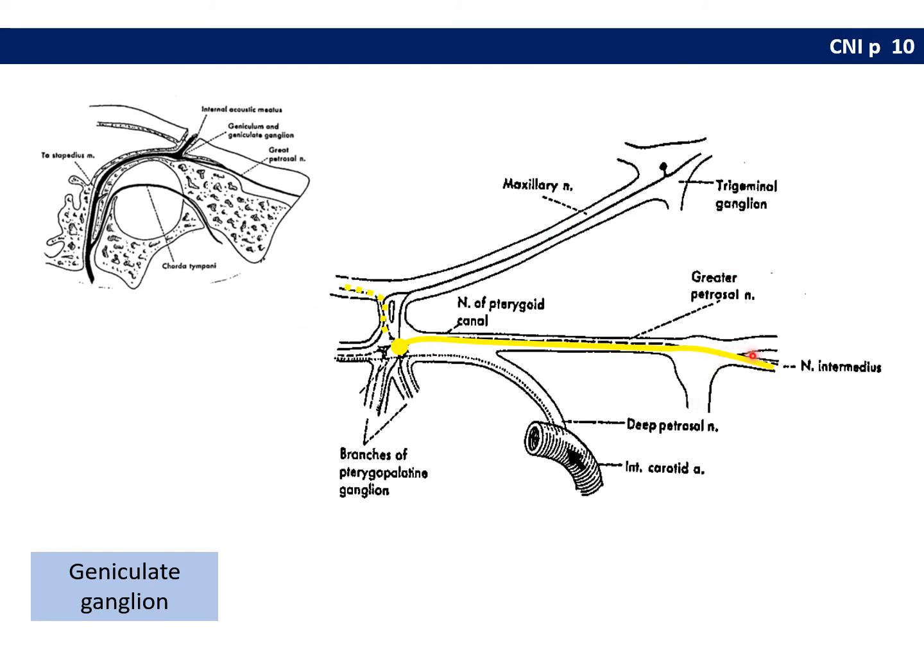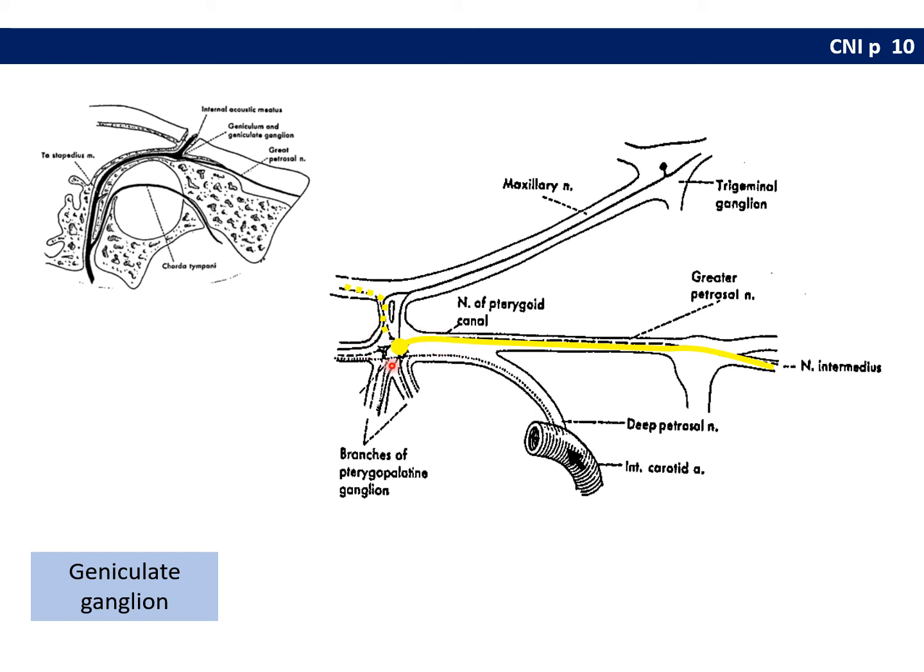So this image shows you the same thing, but in a different presentation. So here's our nervus intermedius. That's our facial nerve before it gets to the geniculate ganglia. Here's the geniculate ganglia. And then we're still talking about the GVE fibers of the facial nerve, where they continue via the greater petrosal nerve, which then becomes the nerve of the pterygoid canal once the deep petrosal nerve joins it.